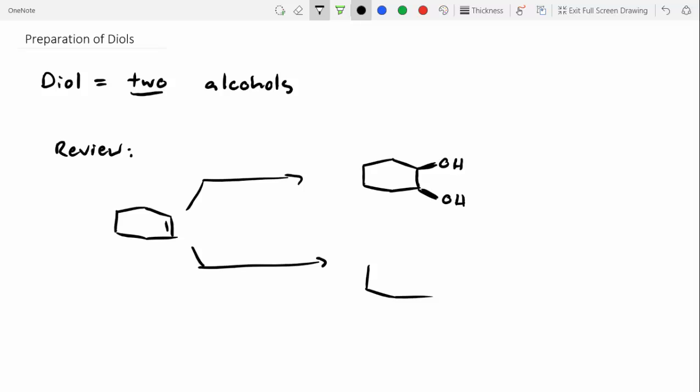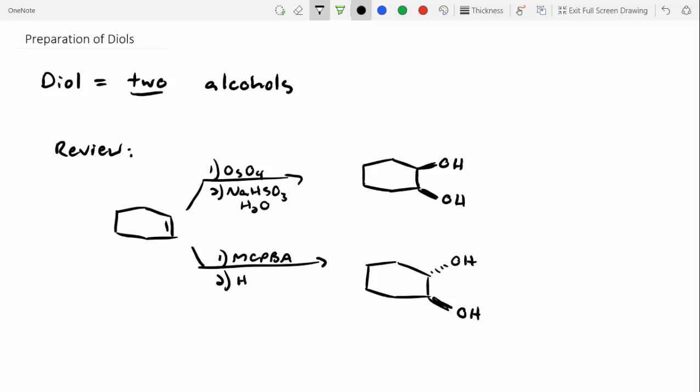And then we've got one where we can make anti-diols. And the top one, we said we need osmium tetroxide, followed by sodium bisulfite and water. And the second one, we need MCPBA, followed by acid and water.